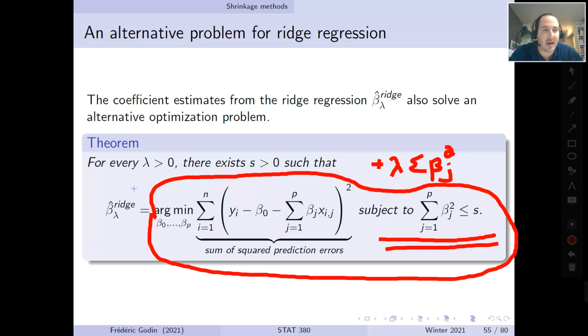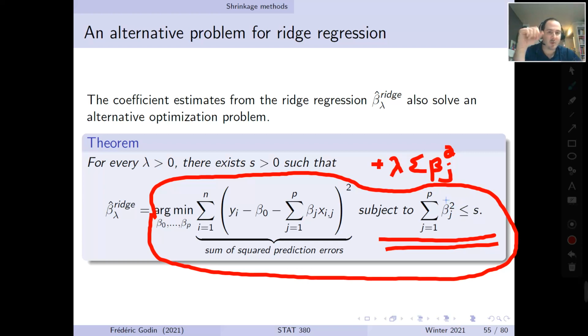So for every lambda of the original ridge regression that we had, there will exist an s such that the solution is also a solution to this. Okay, so we see that both problems, the original problem with this ridge regression penalty and this new problem which instead imposes a constraint on the sum of squared parameters, have exactly the same solution.